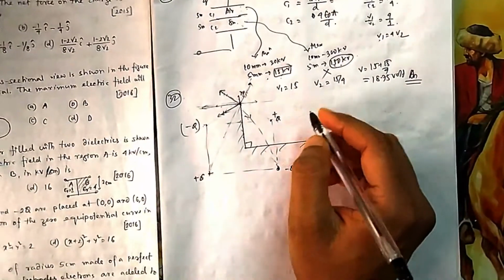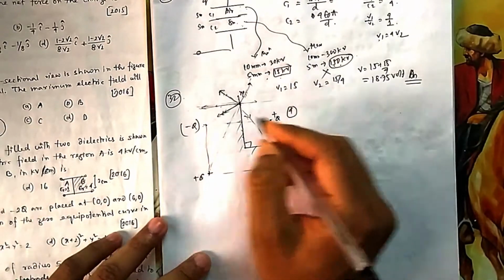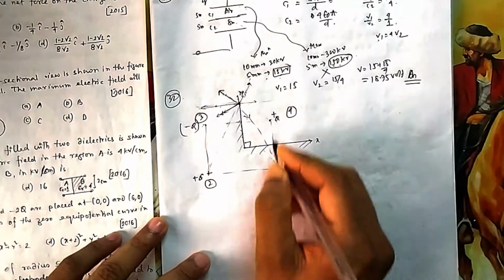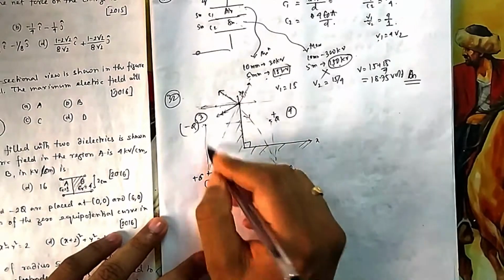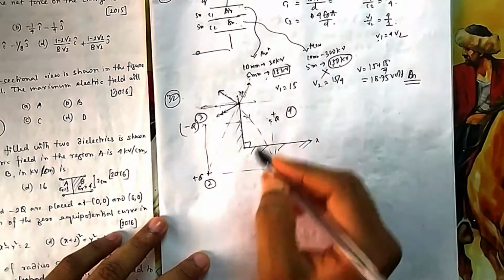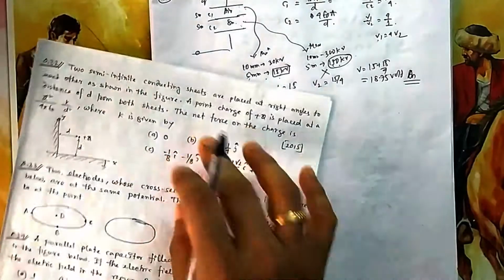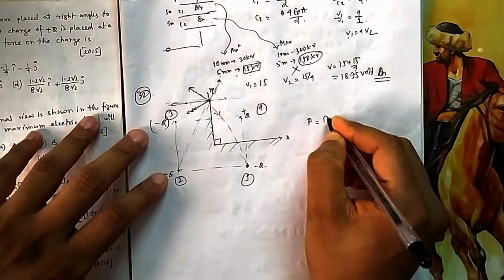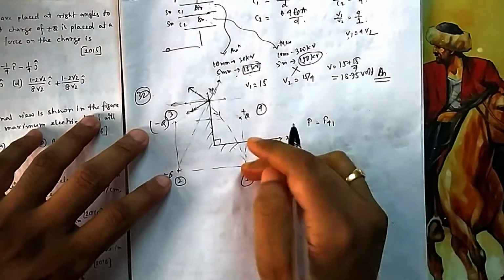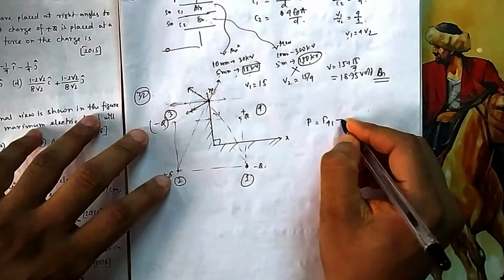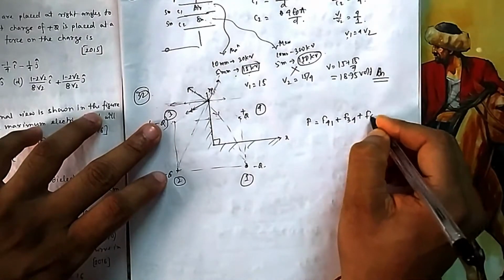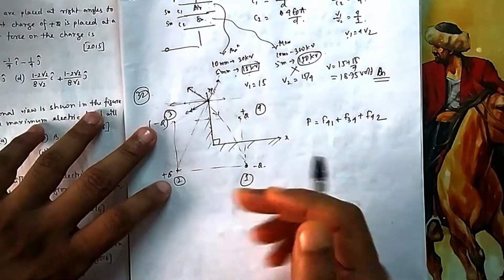Now if I number it, suppose this one I have given 4, 3, 2, 1. So what are the forces acting on this Q? This force, this force, this force. Because they are asking for net force, you can apply Coulomb's law. So F will be equal to F 4-1, F 4-3, F 4-2, whatever you take.